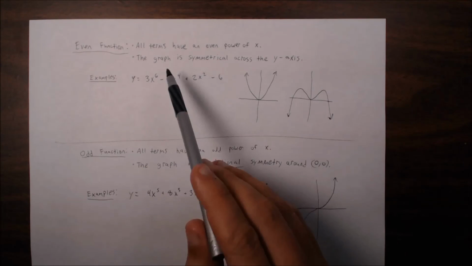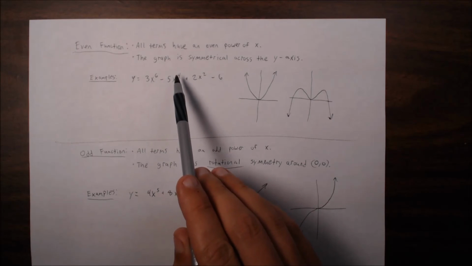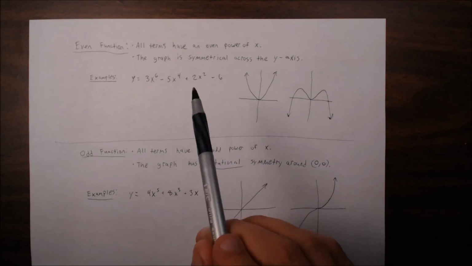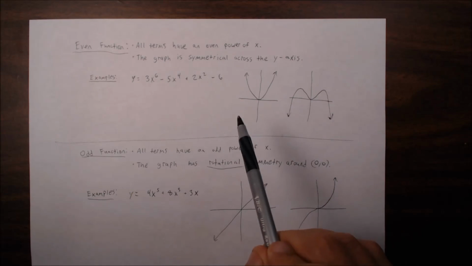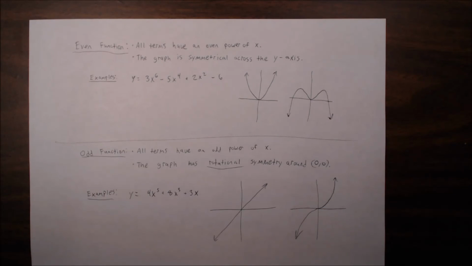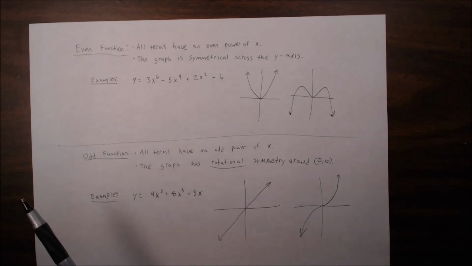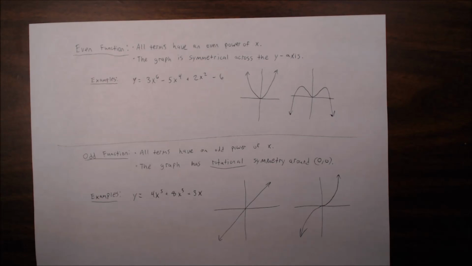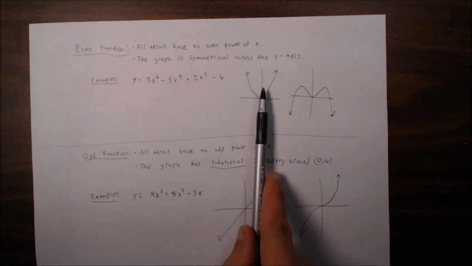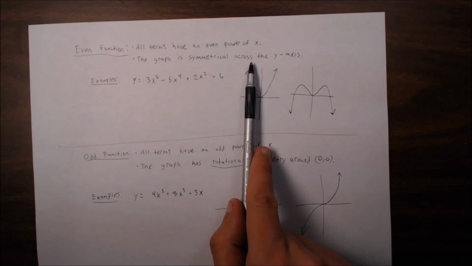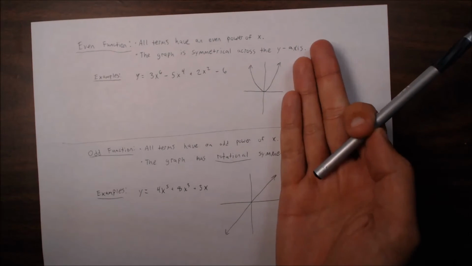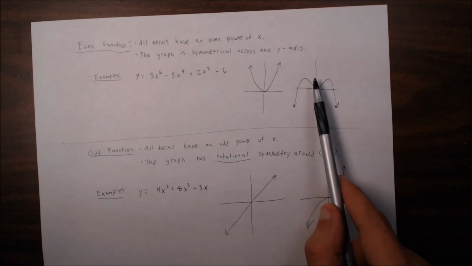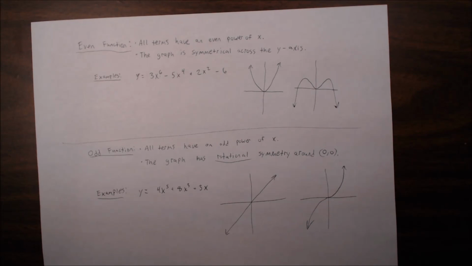All we're talking about are the exponents, 6, 4, 2, and 0 because it's x to the 0. It's the exponents of x. So when that happens, what you get is a graph which is symmetrical across the y-axis. That means it's mirror imaged across the y-axis. The part on the right, if you reflected it across the axis, would map onto the part on the left and vice versa. And you can see in both of these examples that is the case.